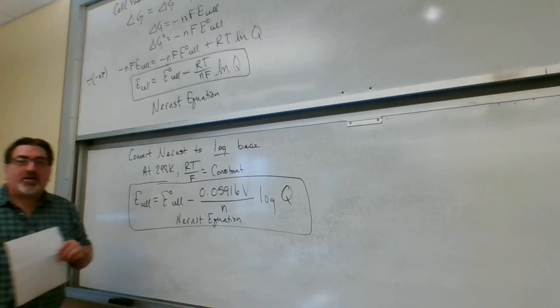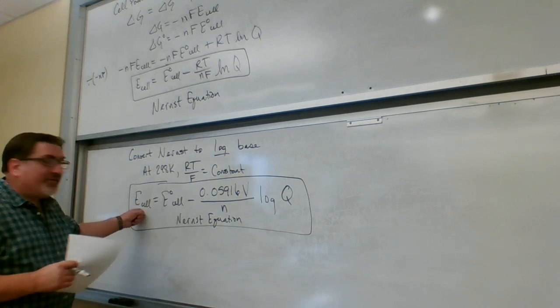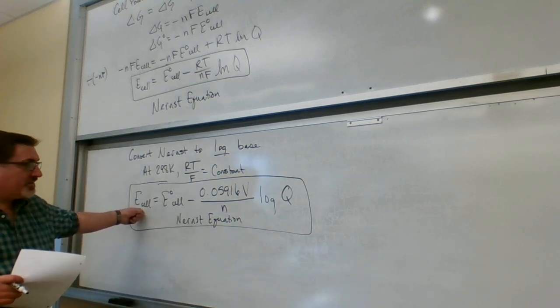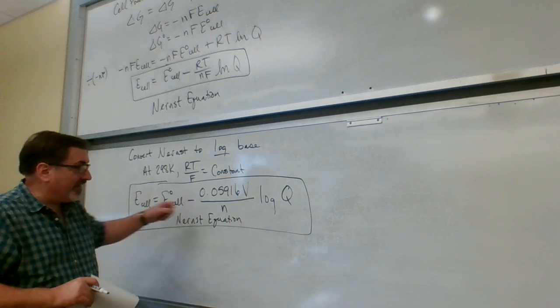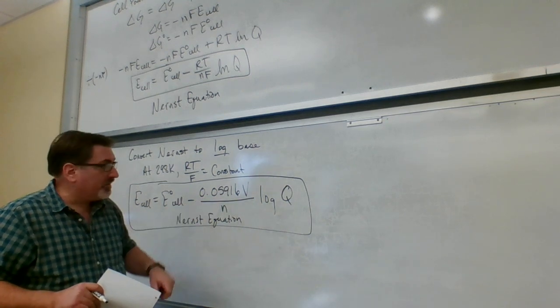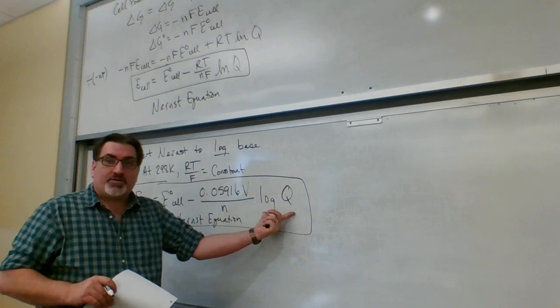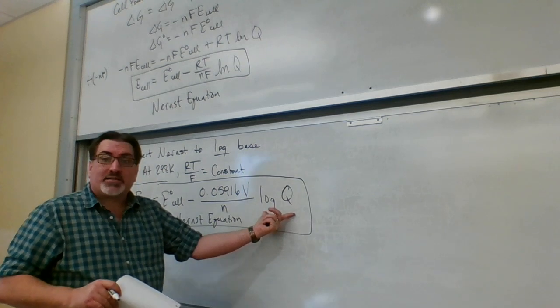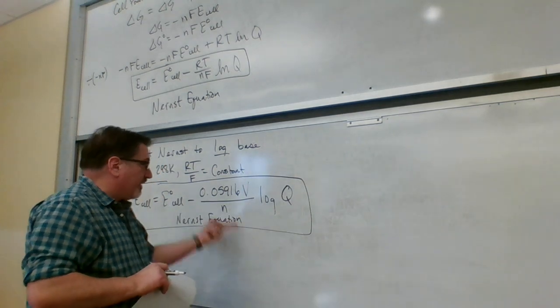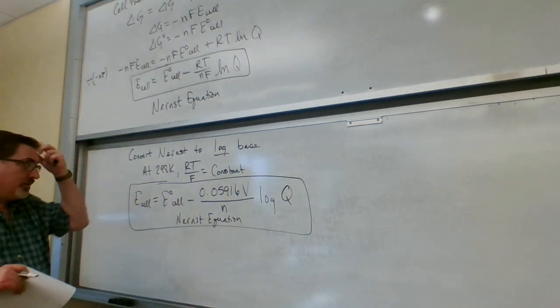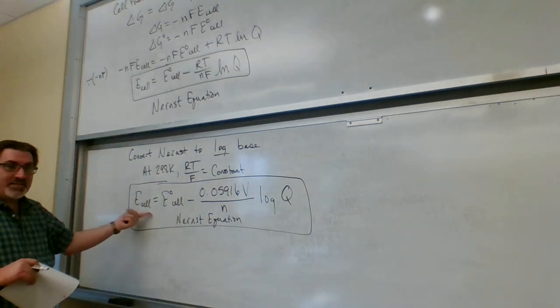It allows us to calculate E for a cell at non-standard conditions, but still at 25 degrees C, because that's part of this number, at any set of concentrations. If you can write the equilibrium constant, you can calculate Q for it, you plug that in, and that's your non-standard E cell.